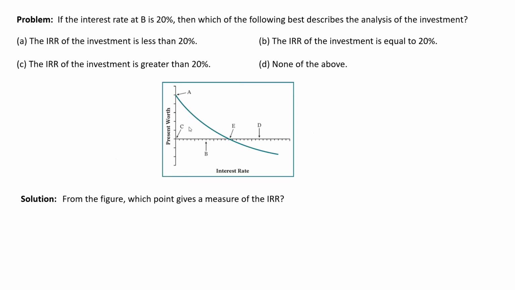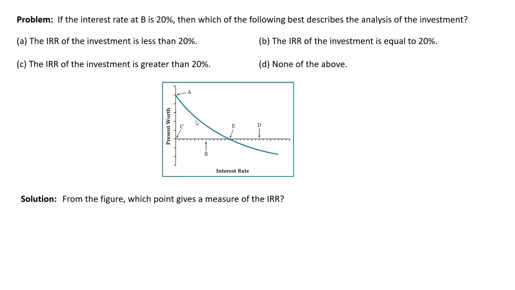What does this graph tell us? It says this present worth is a function of the interest rate. As interest rate changes, the present worth changes, right? So if the interest rate is 0, the present worth is whatever this y value here is. The ordinate value of this point A tells you what the present worth is.